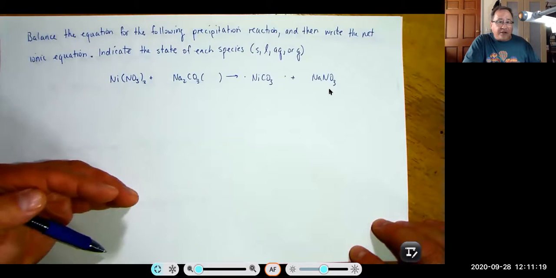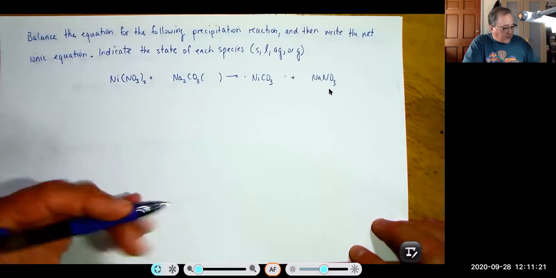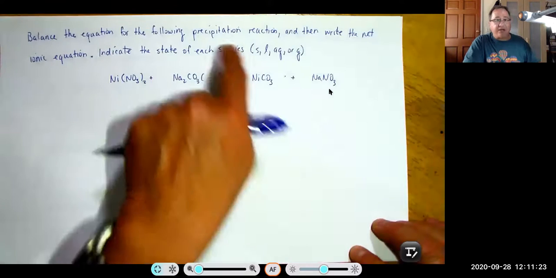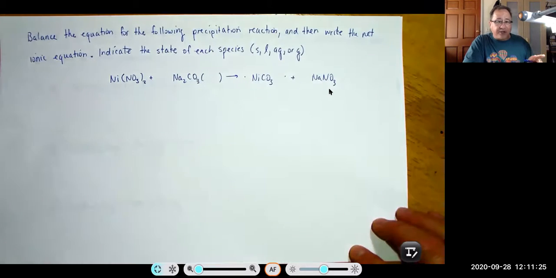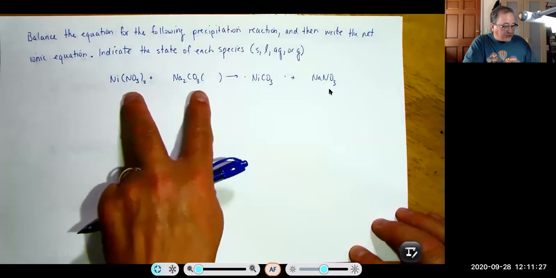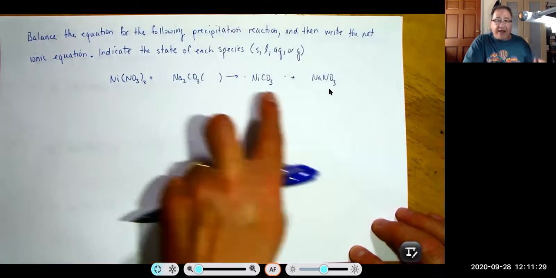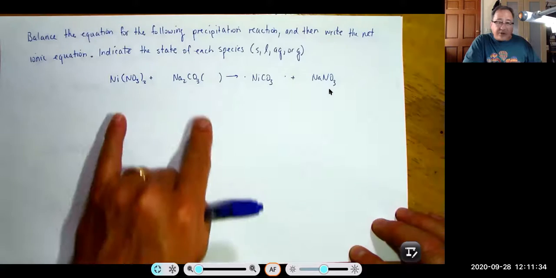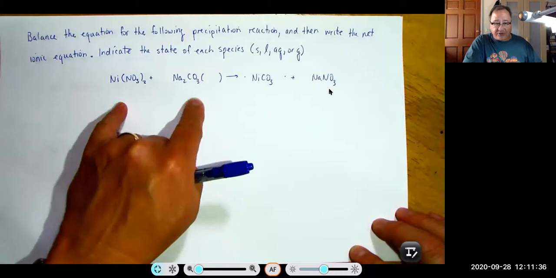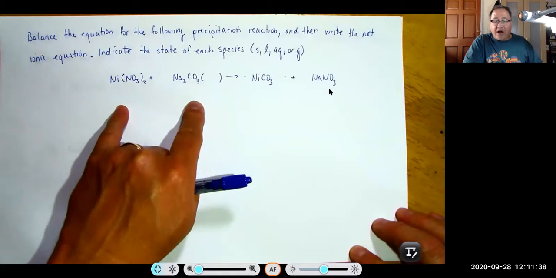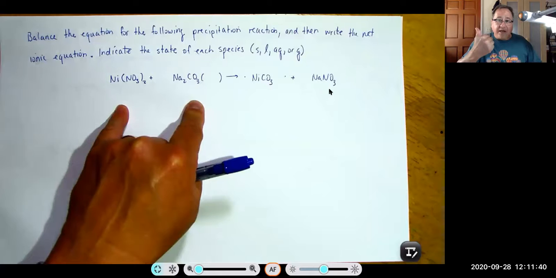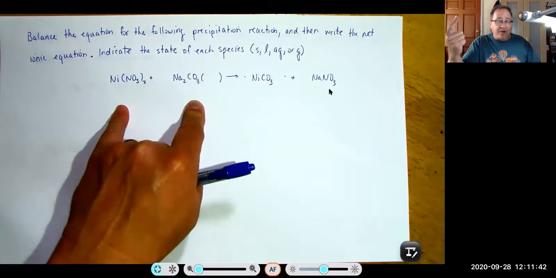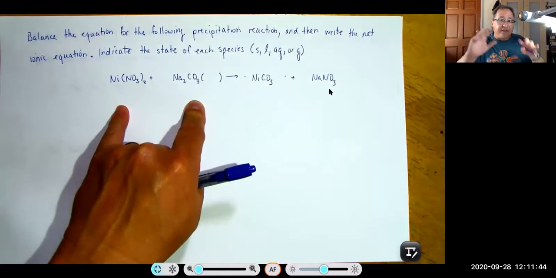We're going to take a look at those solubility guidelines and figure out what's going on with a precipitation reaction. So in a precipitation reaction, 2 aqueous solutions are mixed and you get a solid, an ionic solid. And these 2 aqueous solutions are ionic aqueous solutions. So ionic means it's an ionic compound. Aqueous means it's dissolved in water. And solution means that it's evenly distributed.